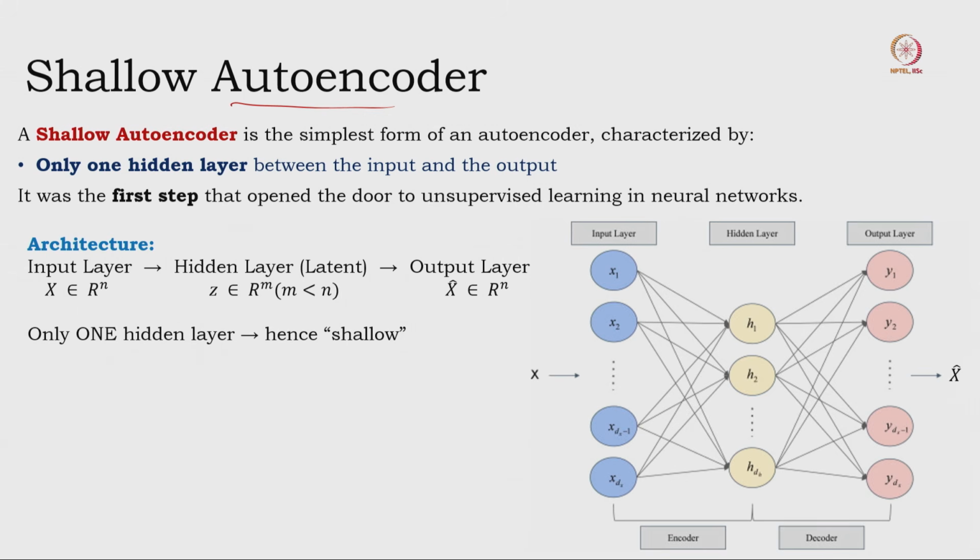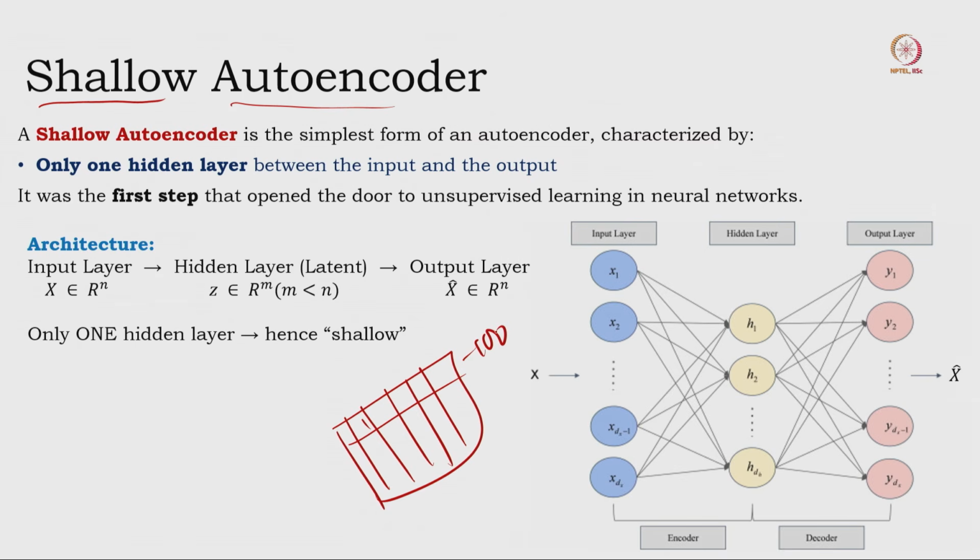In a shallow autoencoder, the word shallow means there is only one hidden layer. Let us assume we are dealing with a CSV file where we have 100 features.